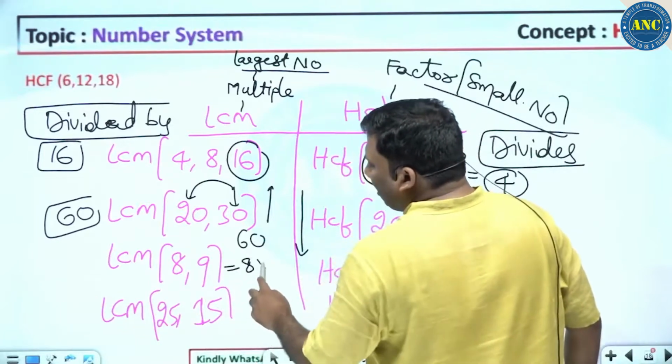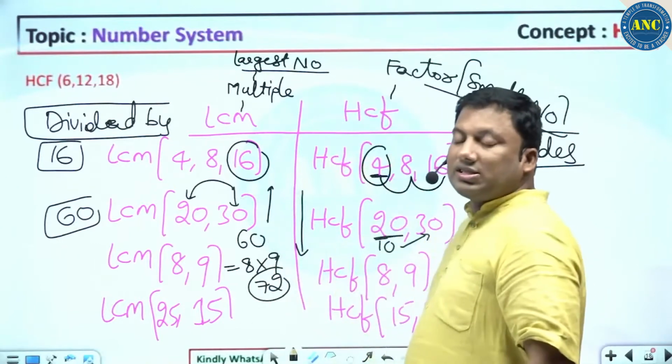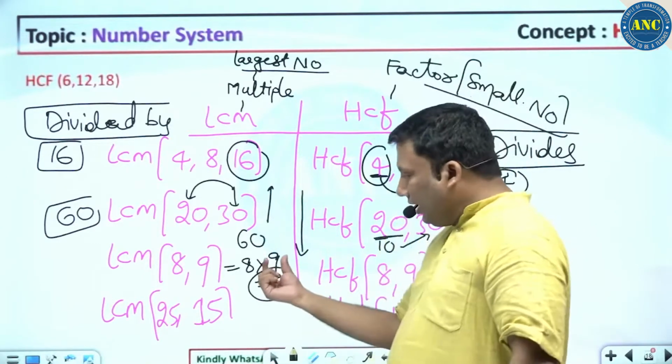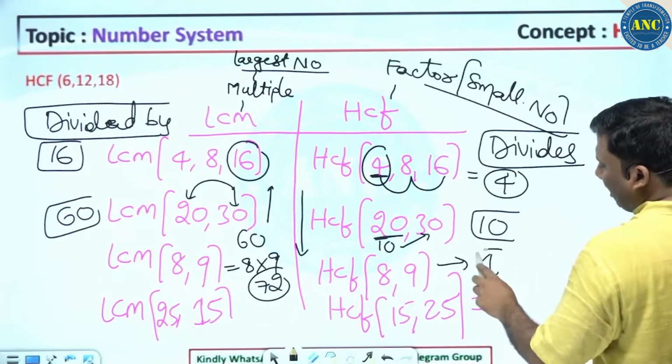8 and 9, they are consecutive numbers. LCM of consecutive numbers is their product. Please write down, sir. LCM of consecutive numbers, it is the product. HCF of consecutive numbers, it is always 1.